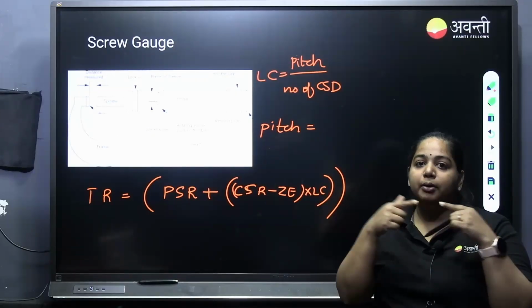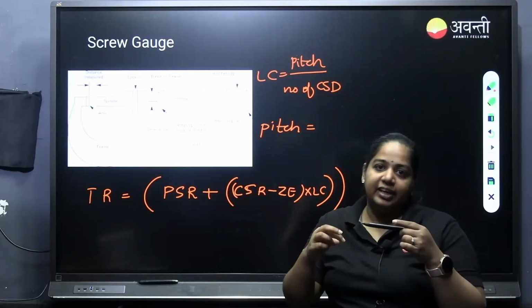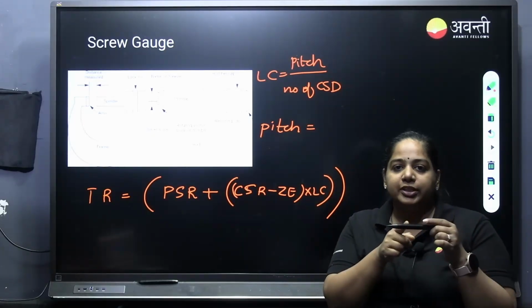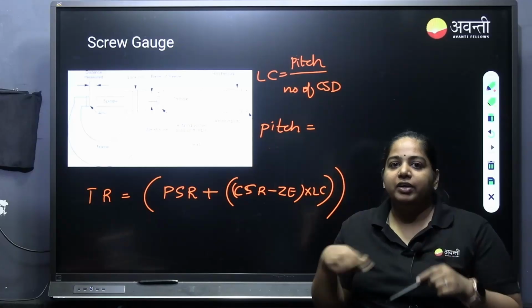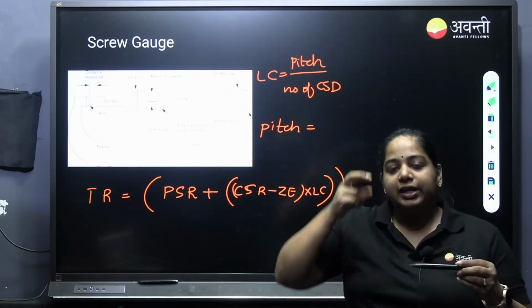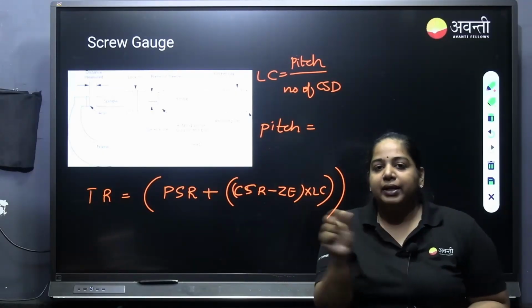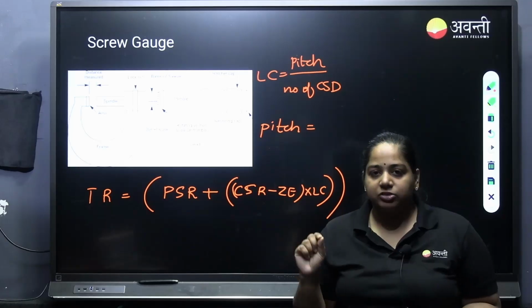First completely meet the two ends of the screw gauge, then rotate it like 10 times completely. You will measure the pitch scale reading and you will divide by 10. So that's what you did, which means if you rotate it one time, how much distance the main scale reading is showing, that is actually pitch.